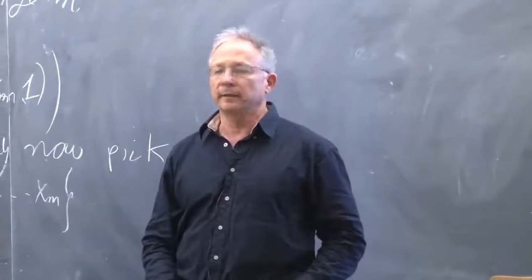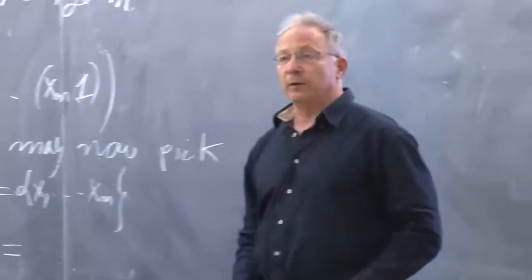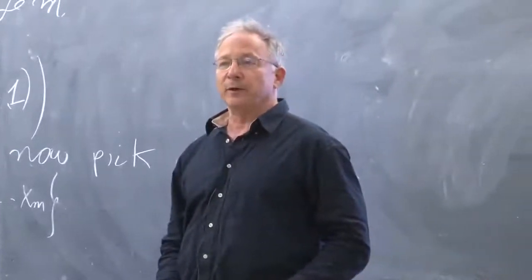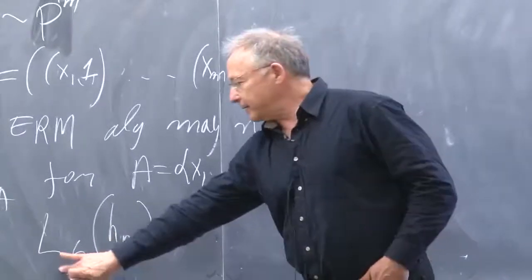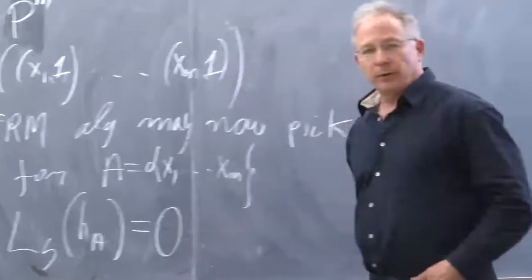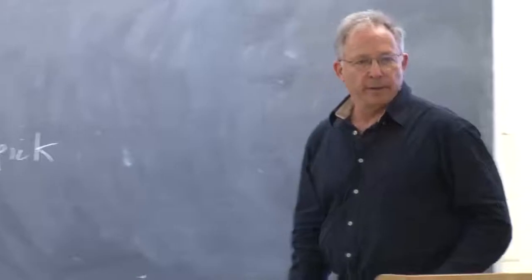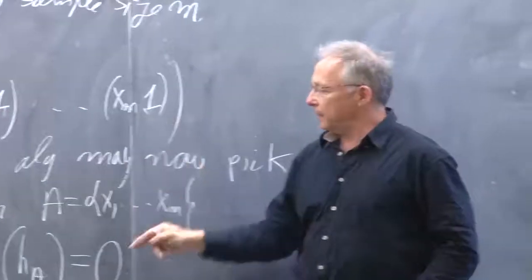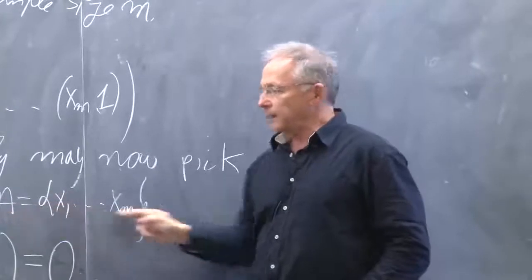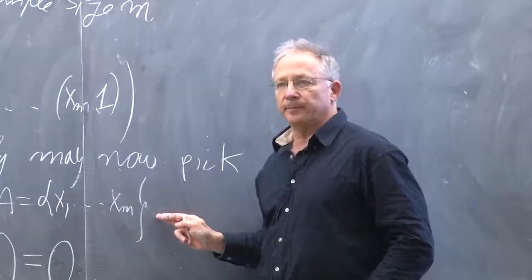How many errors am I going to make on S? Oh, 0. On S, I'm going to make 0 error. Because on S, I see 1s here, and my function H_A gives 1 to all of those guys. Right?